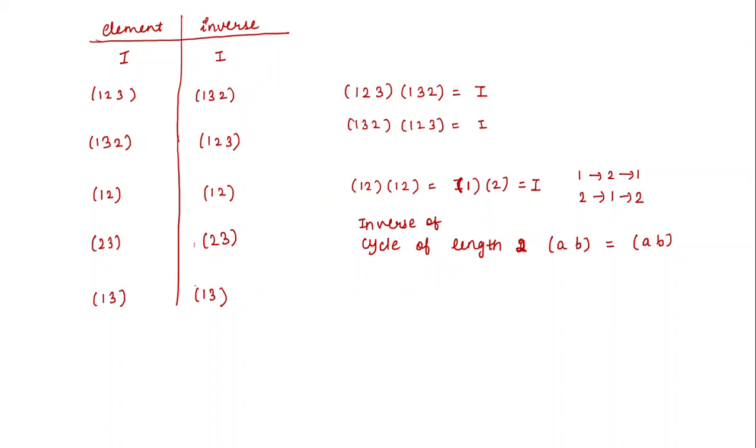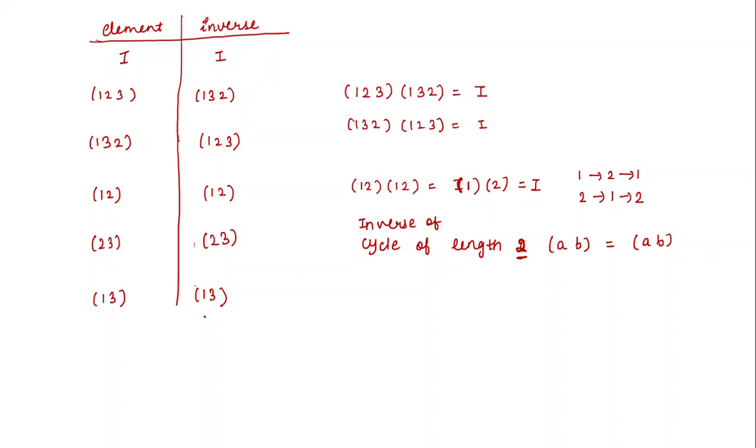It is not so in the case of a cycle of length 3. You can see the inverse of (1 2 3) is (1 3 2), and for (1 3 2) it was (1 2 3). So the inverse changes. If we have a cycle of length 2, the inverse will be itself.